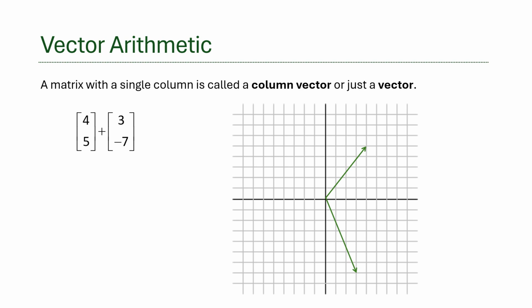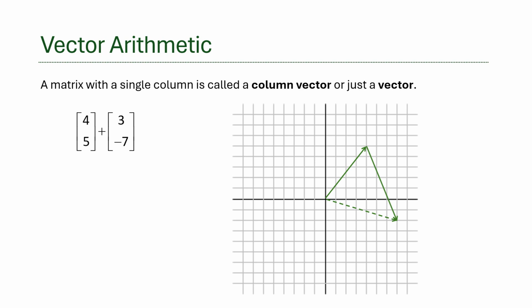Then from there, follow the second vector by going 3 units to the right and 7 units down. Now we can represent this by relocating the second vector so that its starting point is at the end point of the first vector. And we'll define the sum of the two vectors to be a new vector that goes from the origin of the first vector to the end point of the second one. In other words, one that follows this path.